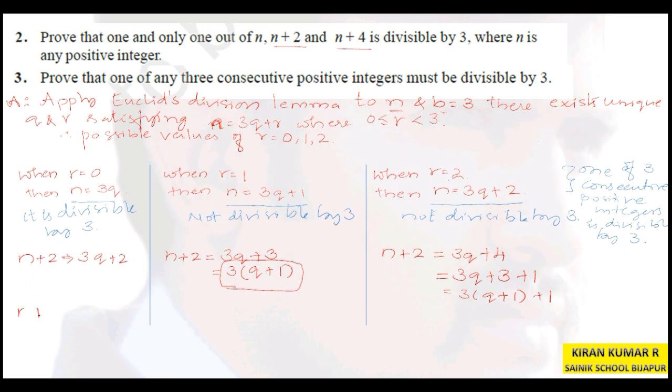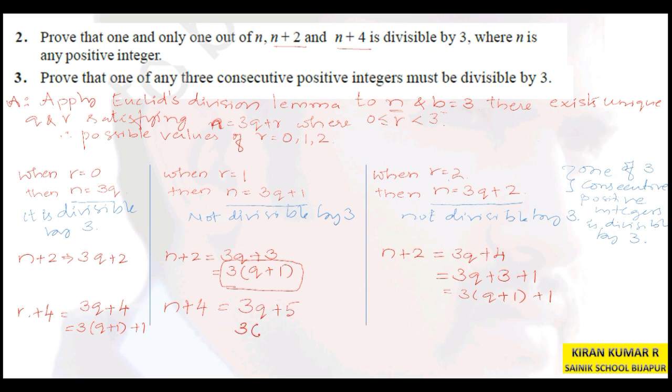Now let us take n plus 4. In the first case, when r is equal to 0, what will be n plus 4? It is 3q plus 4. The same can be written as 3 times q plus 1 added to 1. When r is equal to 1, what will be n plus 4? It will be 3q plus 5.